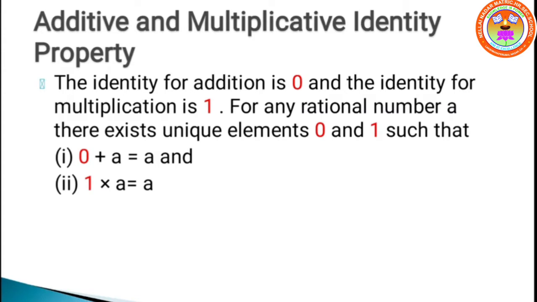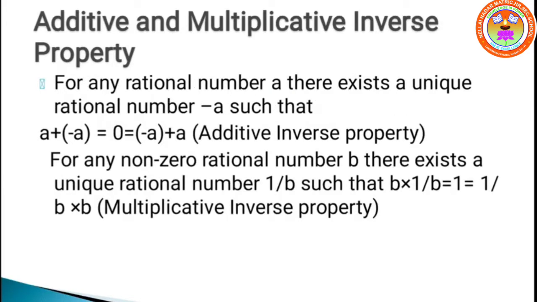Now we will move on to the next property, that is additive and multiplicative inverse property. For any rational number a, there exists a unique rational number minus a such that a plus minus a is equal to 0, which is equal to minus a plus a.